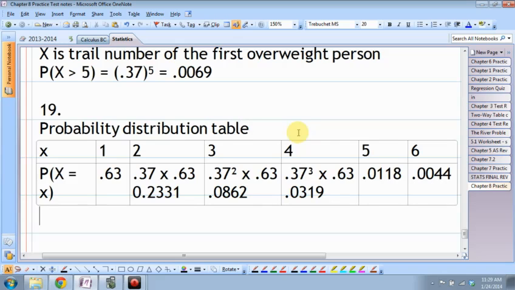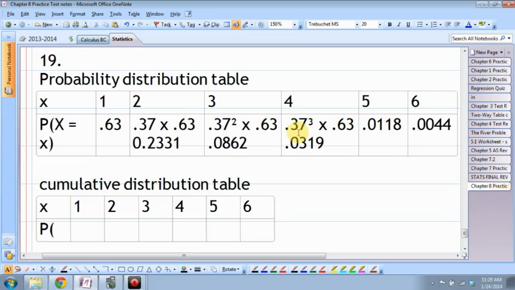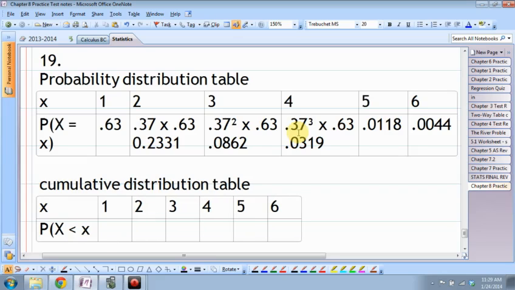To get the cumulative distribution table, you need to add everything together. Now the probability that x is less than or equal to 1 is just 0.63.